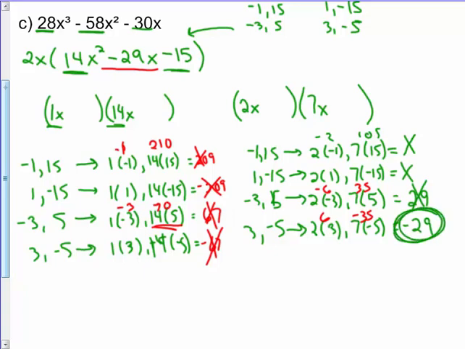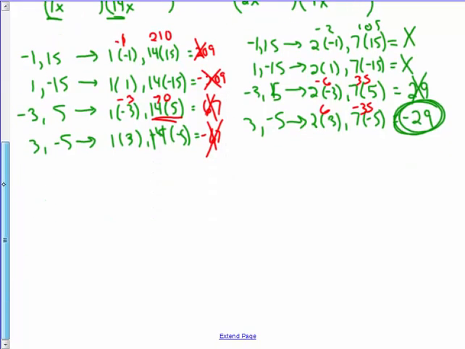Now, at this point, obviously you wouldn't continue on. You'd just stop here. But let's say those weren't the answers. Well, you still have all these other possibilities that you could do. These are only half the possibilities because you could do 15 and negative 1, negative 15 and 1, 5 and negative 3, negative 5 and 3.